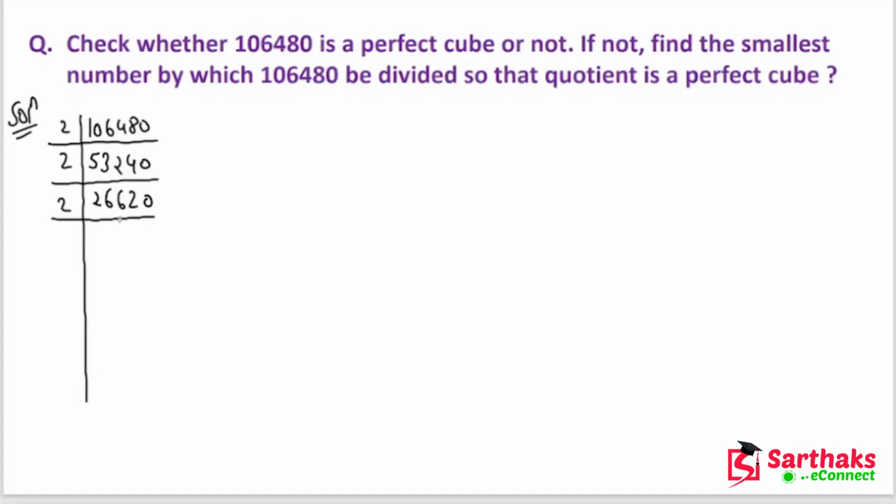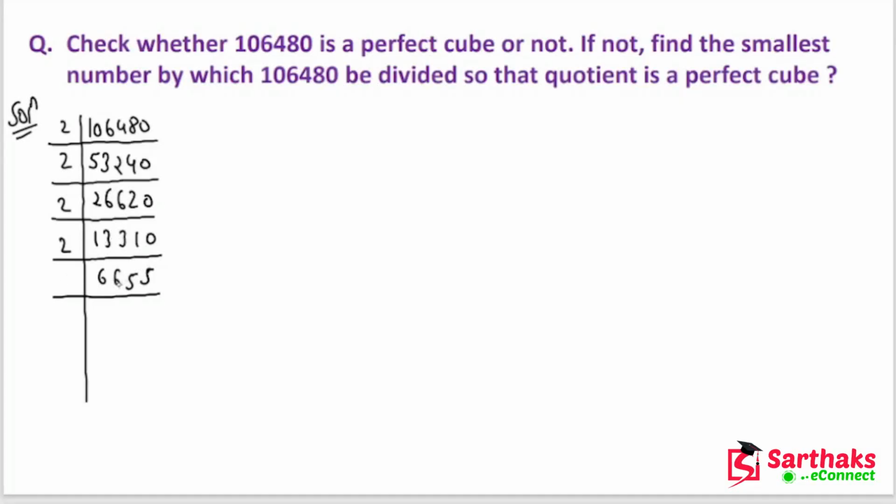Again it can be divided by 2, so it will be 13310, and clearly again it can be divided by 2, so it would be 6655, right?